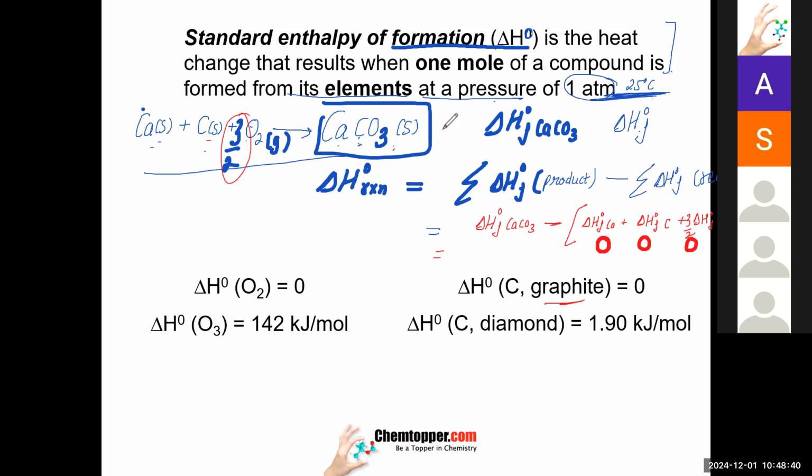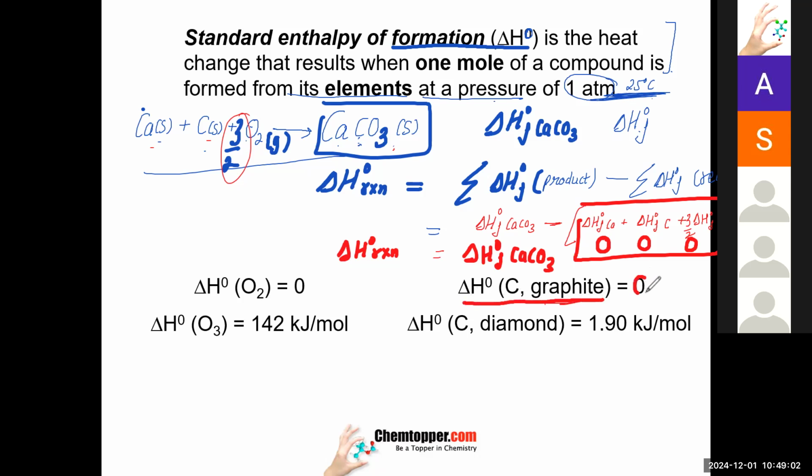So for this reaction which I have written here, delta H naught of reaction is nothing but delta H naught formation of CaCO3. This thing nobody is going to tell you. You have to memorize it, that delta H naught formation value for the pure element is 0.